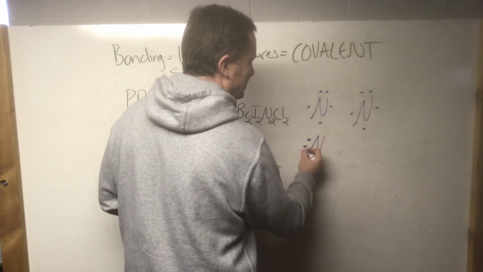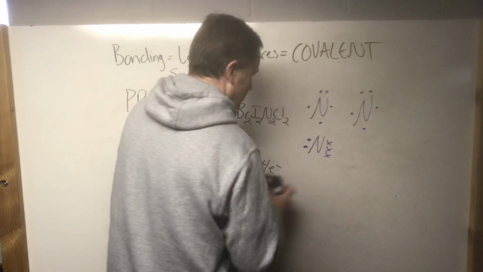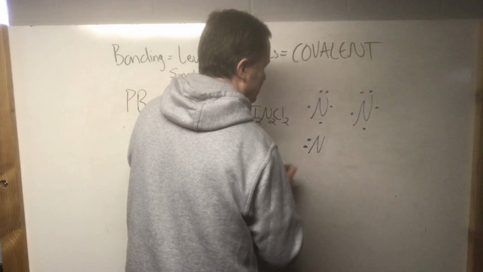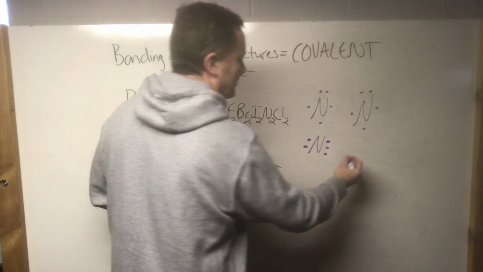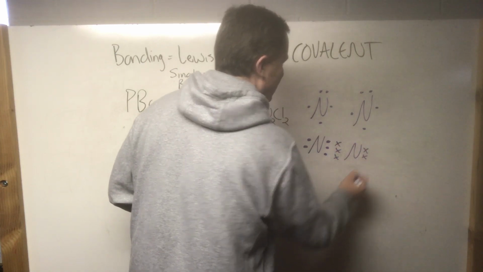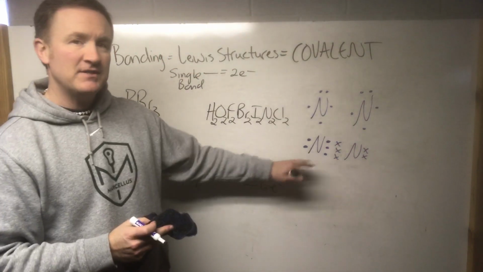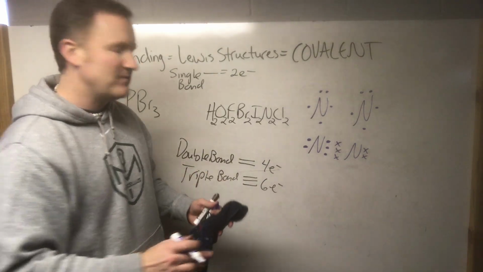I can still have my 2 over here. There's 3 electrons. We'll use this one as dots. So we have 3 that are dots, so I still have 5. And then I'll use a different symbol, the X's again. So I have 5 X's and 5 dots, so I still have 5 valence electrons, but now I have the ability to make 8.